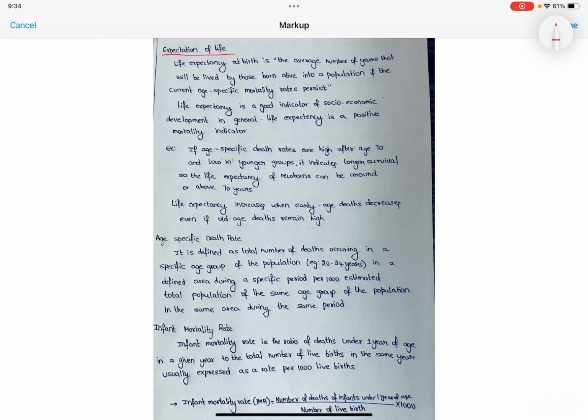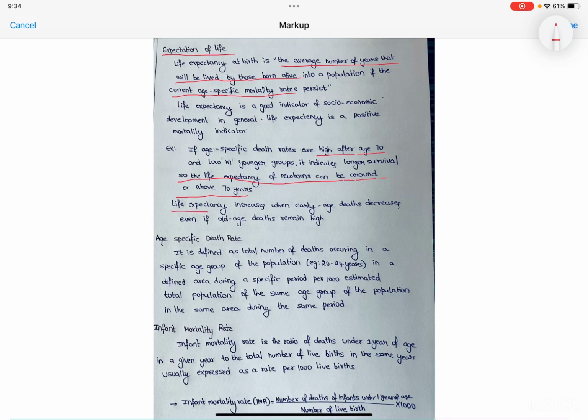Expectation of life. If a baby is born today and you want to know the average number of years that will be lived by those born alive, you need to consider current age specific mortality rates. That means if most of the people die after the age of 70, the life expectancy of the newborn can be around or above 70 years.